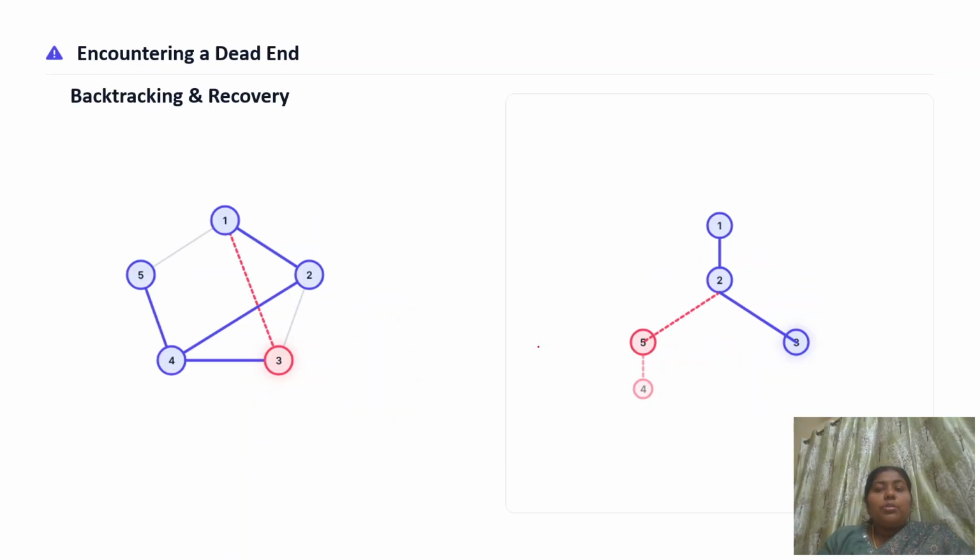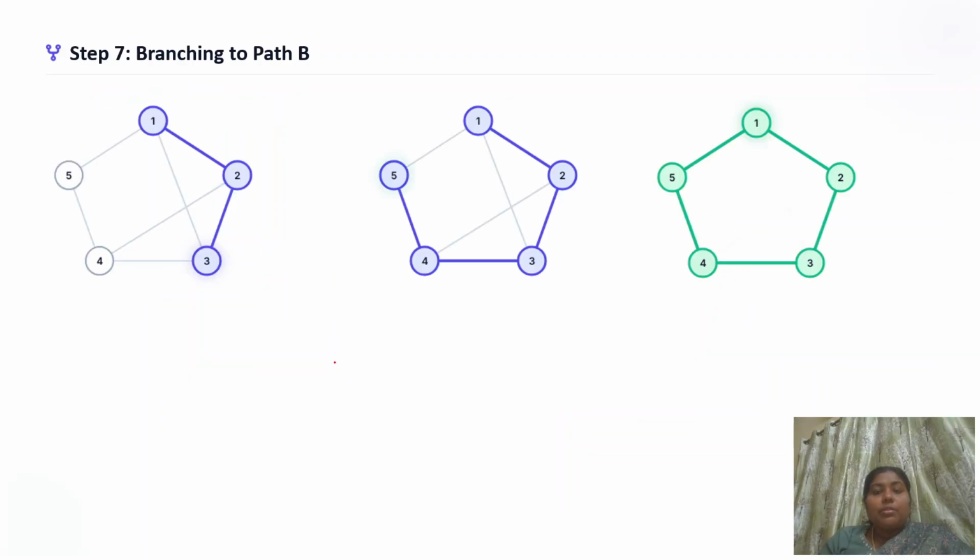So what I do here is cancel the path I selected from 2 to 4, because we have received a dead end here. A dead end is reached, so I traverse back to the previous state. The previous node is 2, and from 2 I visit the node 3.